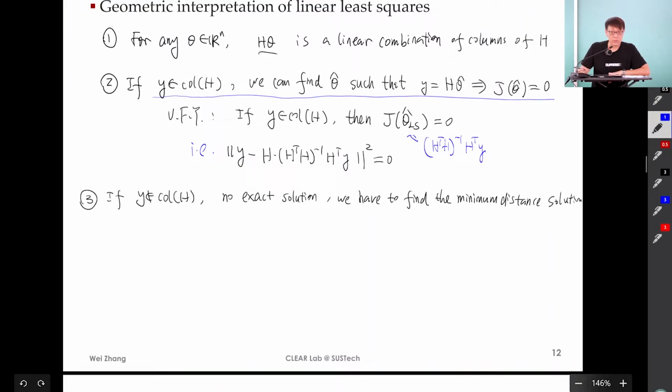Geometrically, that can help us, the geometric stuff that we introduced before. Let's walk through that geometrically. For example, let's say H has 2 columns, H1, H2.